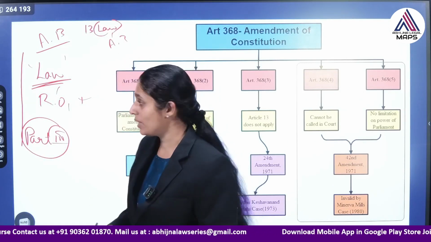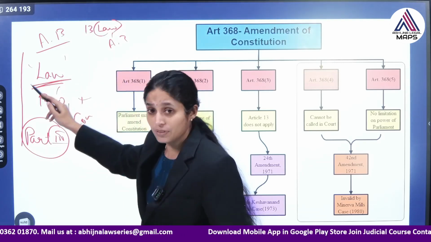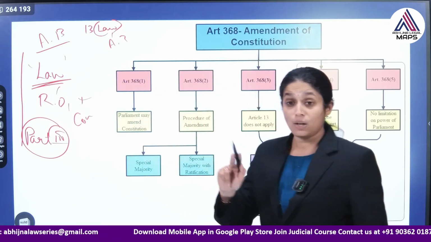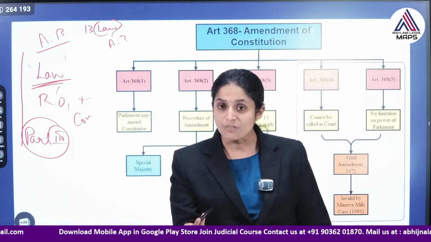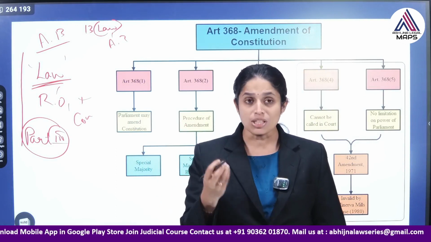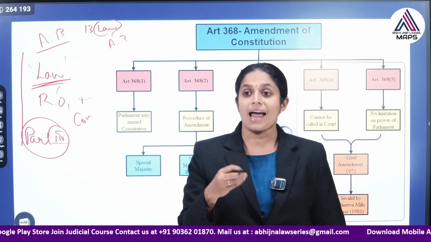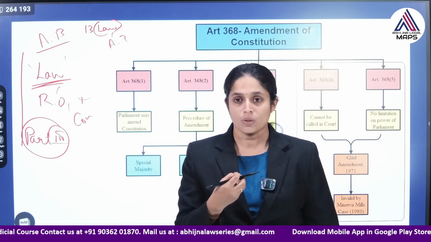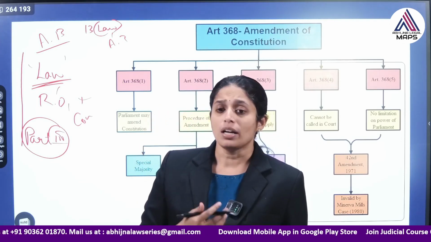Because if a constitutional amendment is included in the definition of law under Article 13, Parliament cannot make any constitutional amendments which abridge the fundamental rights. Due to this, some land reforms could not be made, and there were challenges in the court. Likewise, Shankari Prasad, Sajjan Singh and others were there.